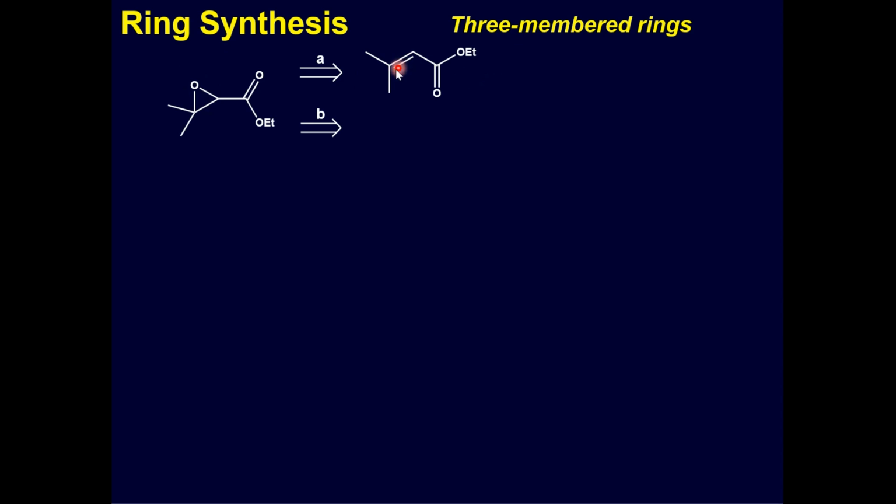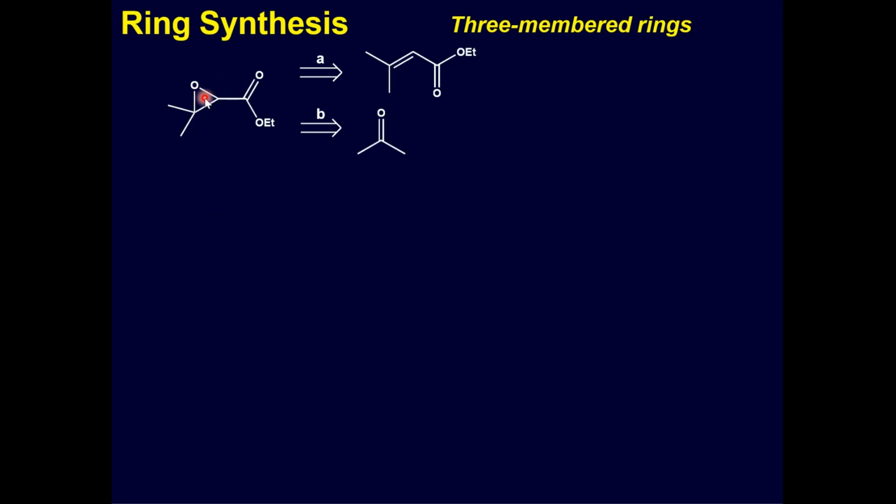To add oxygen, I create a double bond over here. I'll get the corresponding alpha beta unsaturated ester as one of the reagents. If I carry out epoxidation of this alpha beta unsaturated position, I'll get the corresponding epoxide.